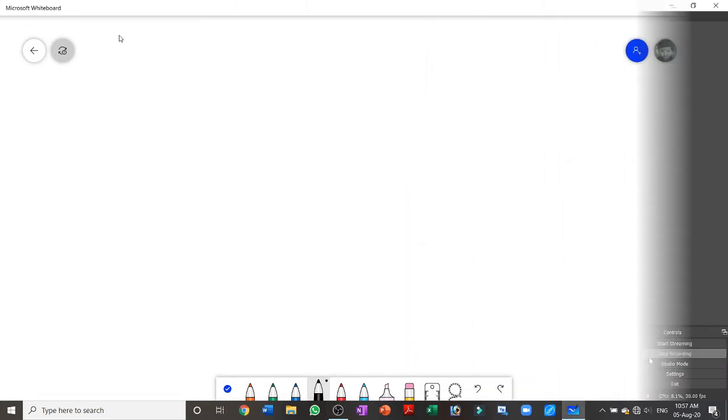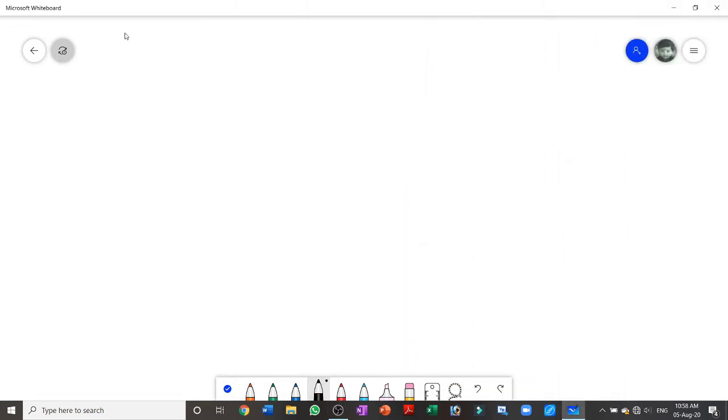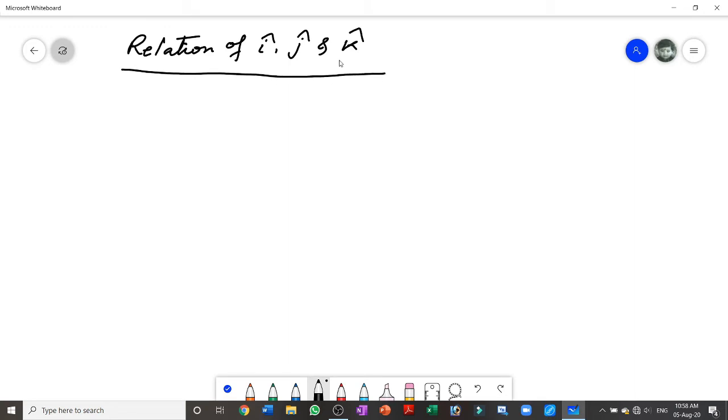Now we will see the relation of the unit vectors, of unit vector i cap, j cap and k cap. We will see their interrelationship. Okay.